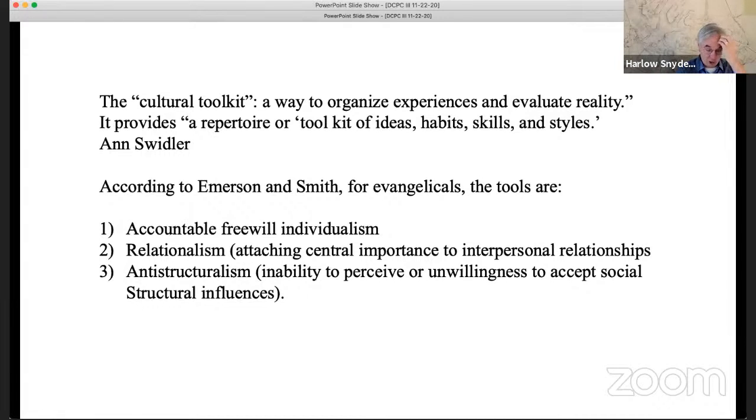Now, granted, as the story goes, Eve gives the fruit to Adam, and patriarchal culture has tended to blame Eve and her feminine wiles for softening Adam's rational and agential elements of free choosing. But finally, Adam chooses, and he makes the wrong choice. He knows it's the wrong choice, and he suffers the consequences. And that is like a picture of accountable free will individualism in action. And as a result, they're thrown out of the garden. They suffer the consequences. And I think that's a nice capture of what that means.